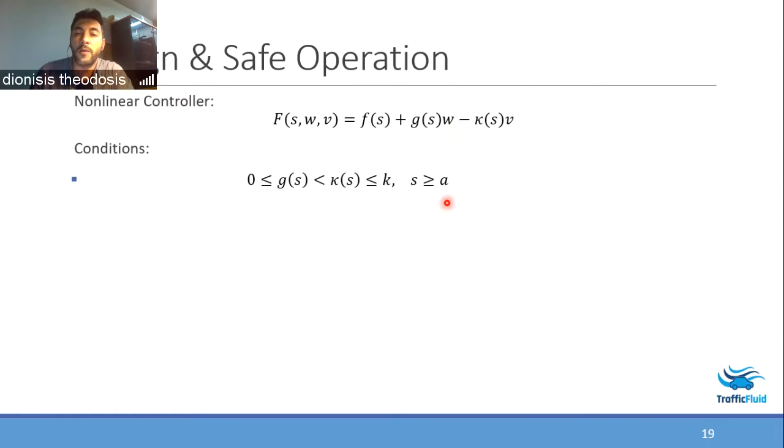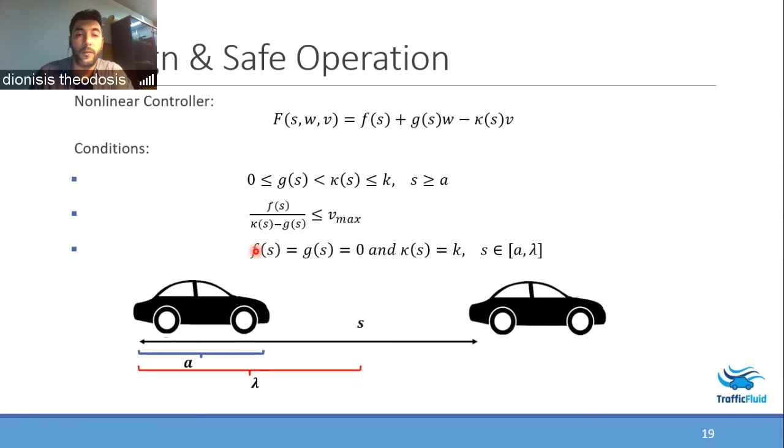Here, just to remind you, A is the minimum safety distance. Moreover, we want to have this inequality. This is a technical inequality that will allow us to bound the speed of the vehicles to be within the speed limits, and also to have a bounded acceleration. Finally, we want this last property to hold, which means the following.